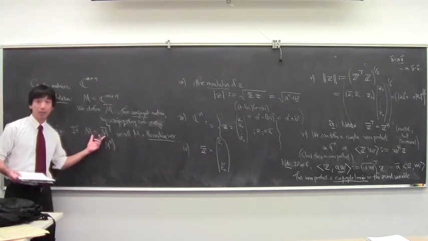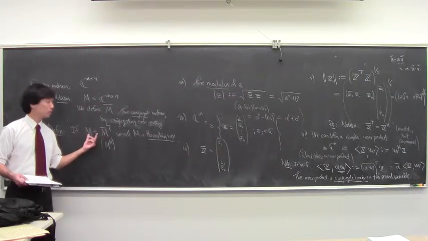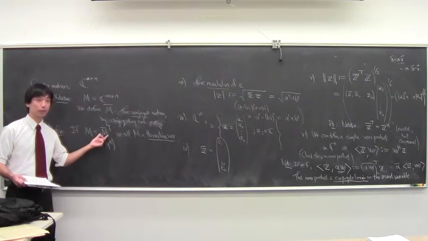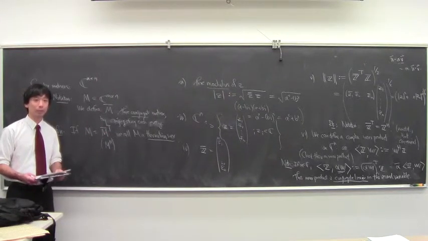So just think about it. If M is a real matrix such that it's equal to its conjugate transpose, what is that saying about your matrix? Your matrix is symmetric. So this is some sort of complex analog of a symmetric matrix.